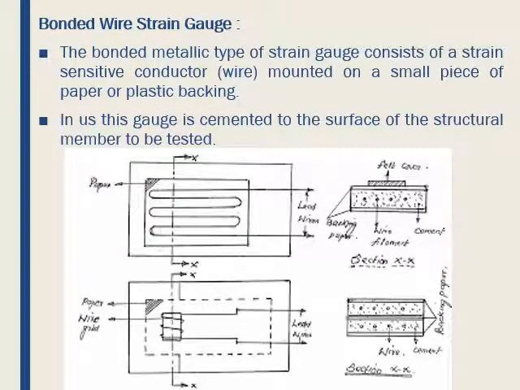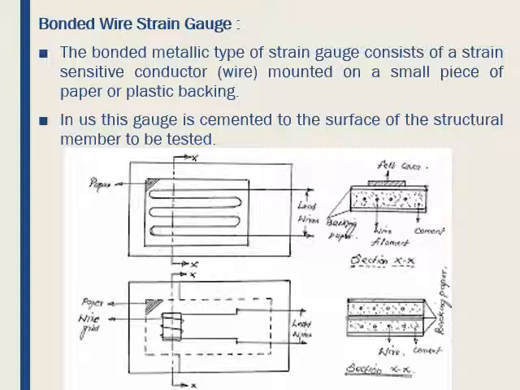Further, a bonded type resistance strain gauge is a suitably shaped piece of resistance metal which is bonded close to the surface whose strain is to be measured. Generally, it is a thin wire shaped into a grid pattern, which is cemented between thin sheets of insulating material such as paper or plastic.